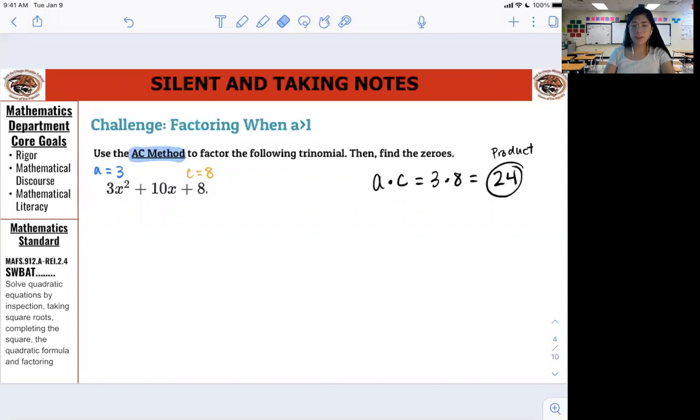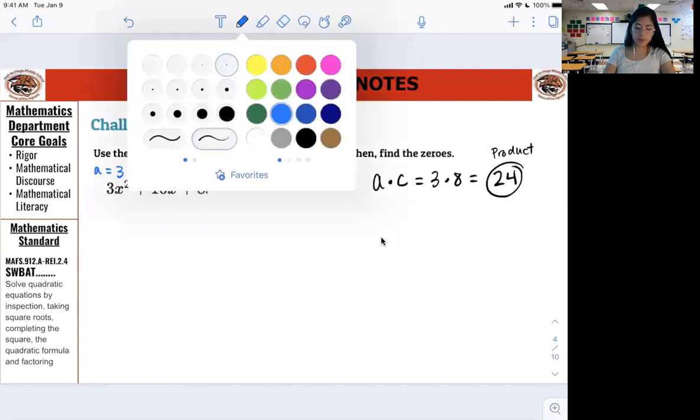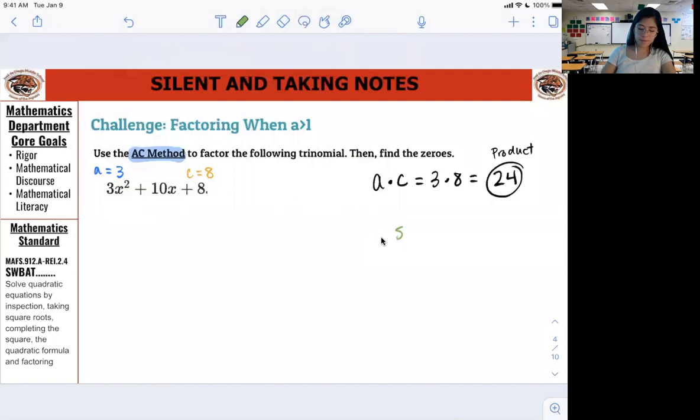So now I'm seeing it in the chat. Good. Lauren understands. Karina's got it. Anaya's got it. We're going to find the 2 magic numbers. What do the magic numbers have to add up to? They have to add up, good, to 10.